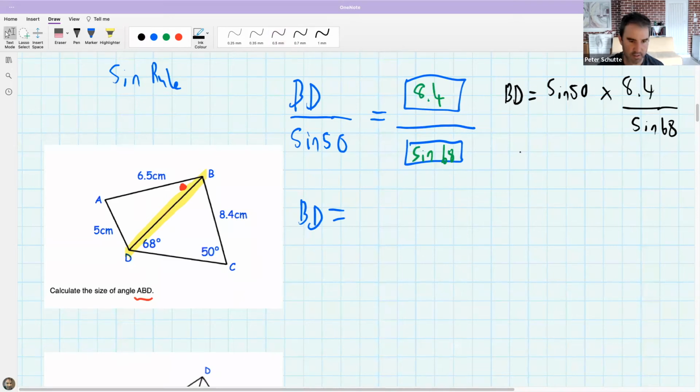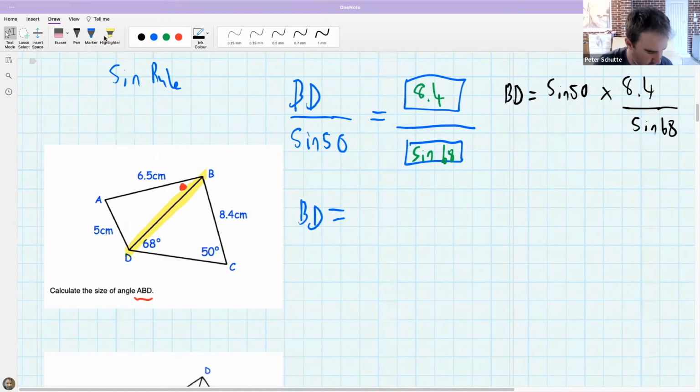Okay, so what did we get? I'll wait a little bit longer. I'm going to turn my light on because it's going to get a little bit dark in here. What are we getting for our answer BD?